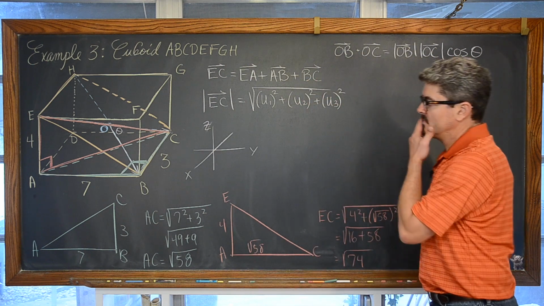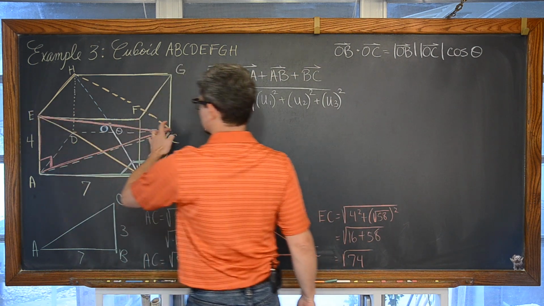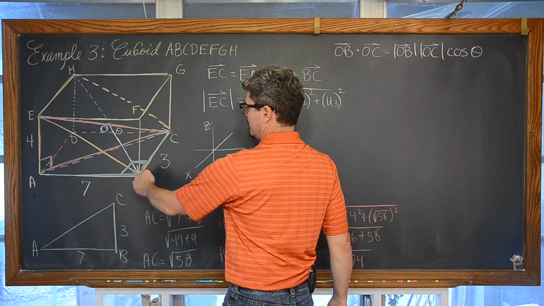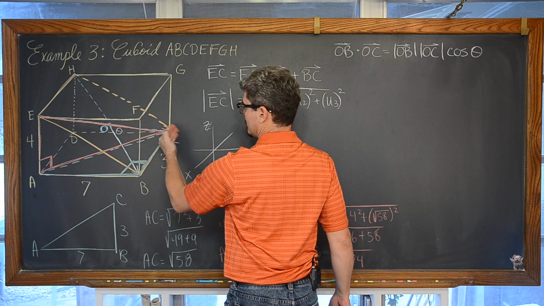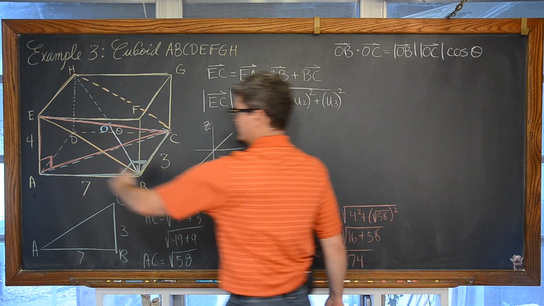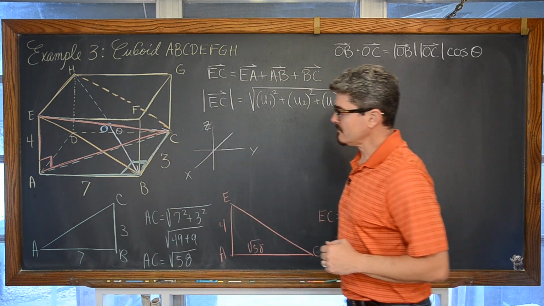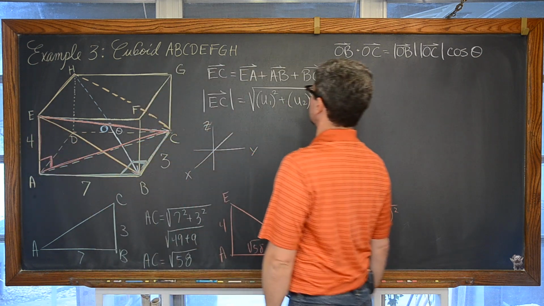And really, to get from E to C, our component on the x-axis is really, because we're going from the front of this cuboid to the back, -3. The y component would be a +7, and the vertical component would be down 4. So actually, I could write that, couldn't I?